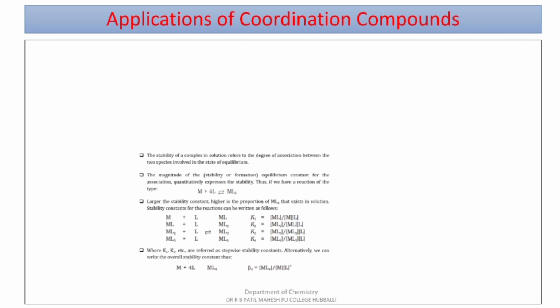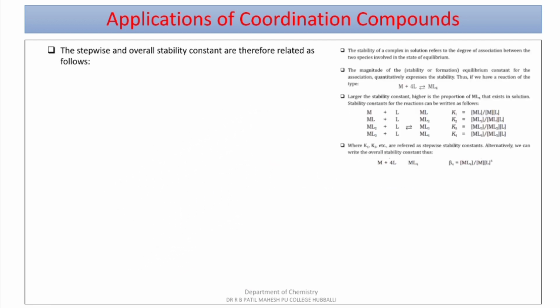Continuation. The stepwise and overall stability constants are therefore related as beta 4 is equal to K1 into K2 into K3 into K4. Therefore, beta n is equal to K1 into K2 into K3 up to Kn.